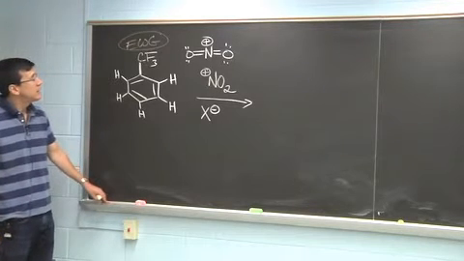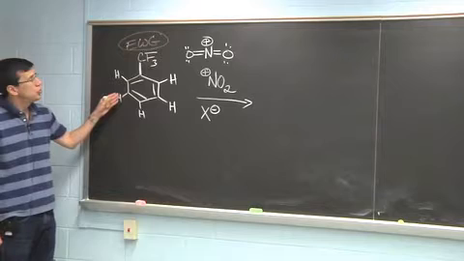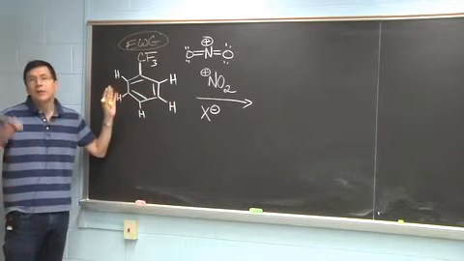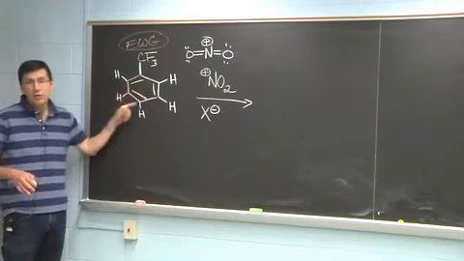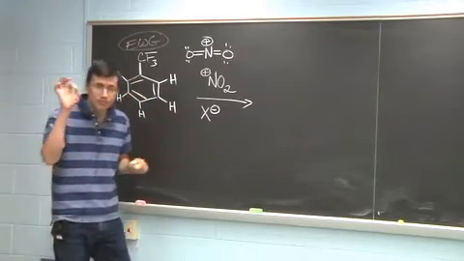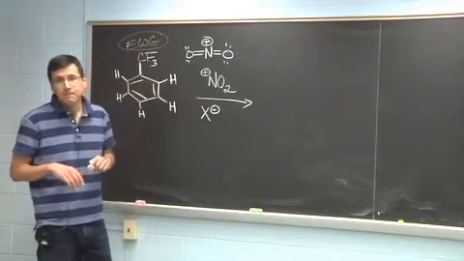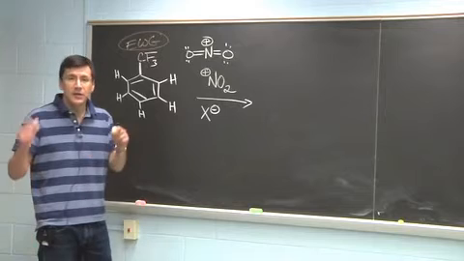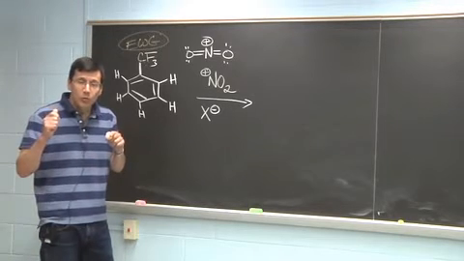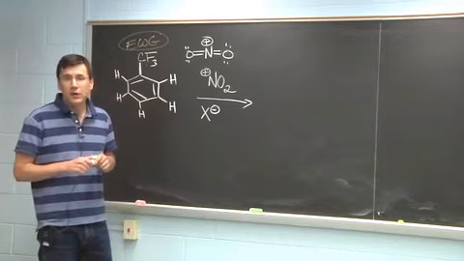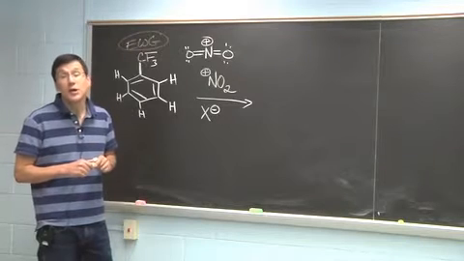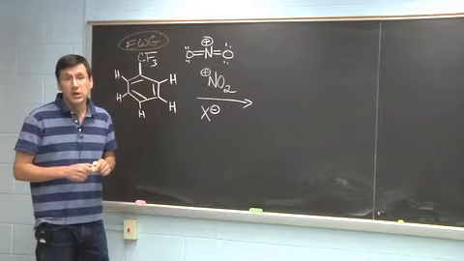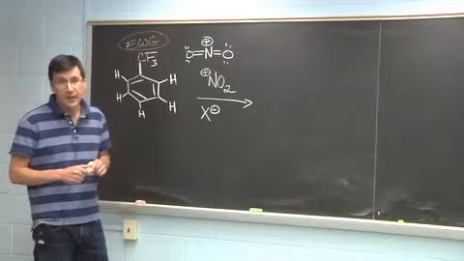And so what I'd like you to think about is, would you like to follow a path where whatever positive charge you generate, because remember you're going to generate a positive charge somewhere on the six-membered ring, if CF3 is electron withdrawing, would you like to follow a path that gives you the positive charge right on the carbon that has the CF3 group attached, or would you like to avoid having the positive charge right on the carbon to which the CF3 group is attached? So think about that.